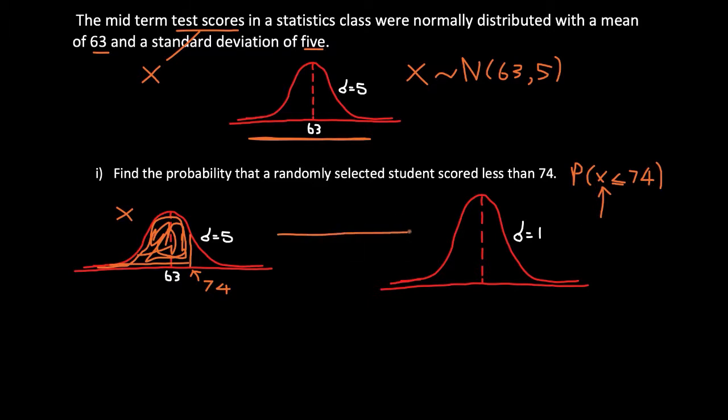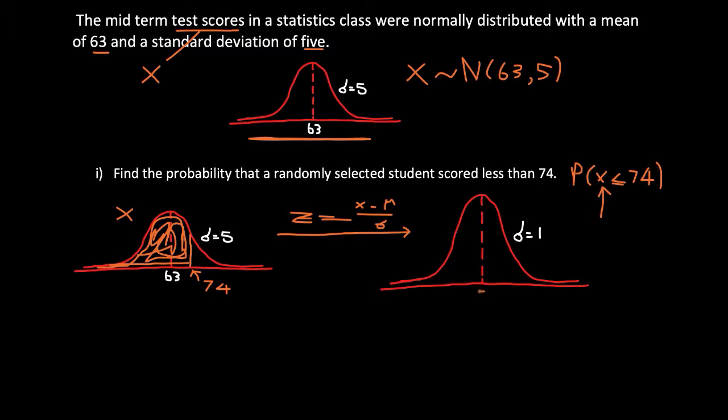Therefore, we should convert this x to z. How do we do that? z equals x minus mu over sigma.